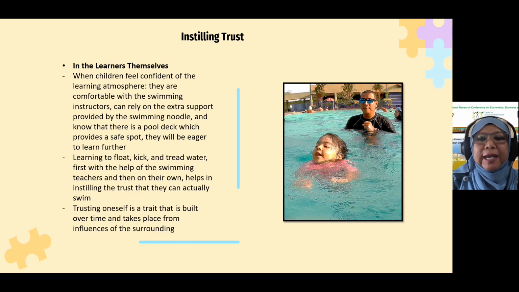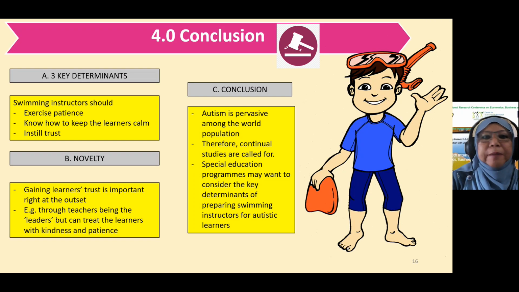All right, but all this, like I told you earlier, takes some time. And the surrounding is very, very important in helping them instill this trust. So they have to trust themselves, but it needs help from their surrounding. So my conclusion is that there are three key determinants that I've discussed in this research.